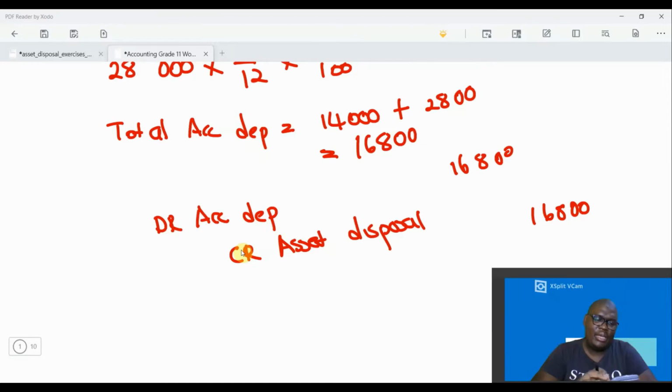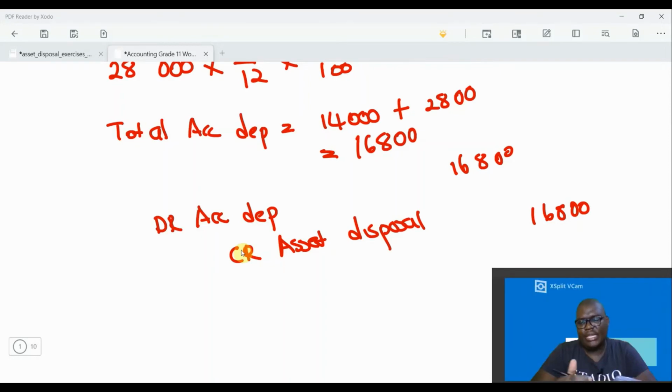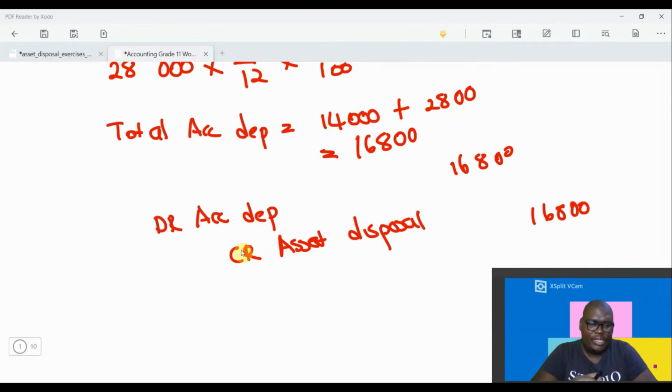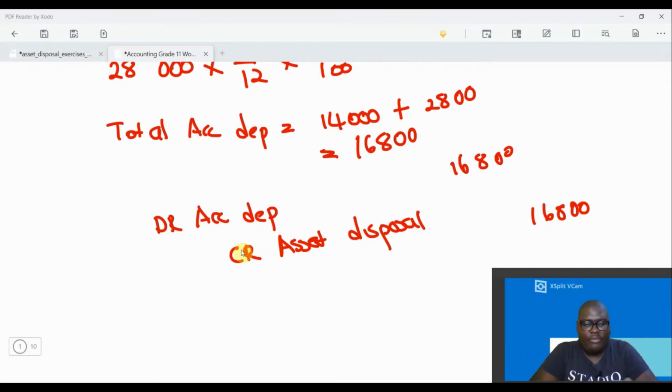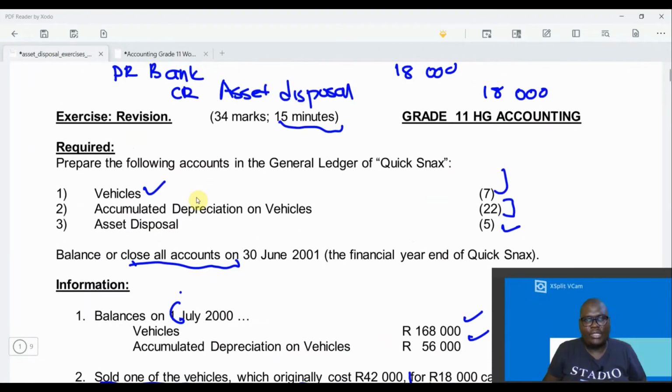You multiply by 6 over 12, you multiply by 20%, you still get the current depreciation of the sold item of 2,800, and you take that 14,000 plus 2,800, you will have the accumulated depreciation for that sold vehicle of 16,800. You take this information, you go to the two accounts that are affected.